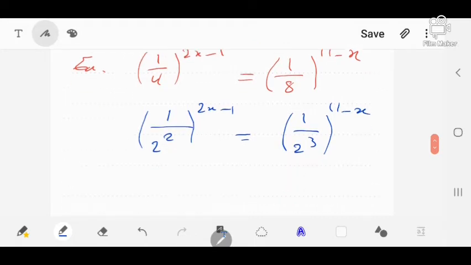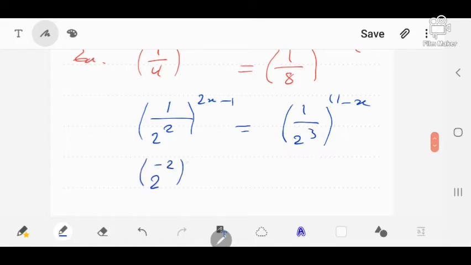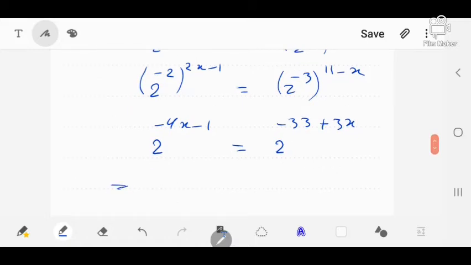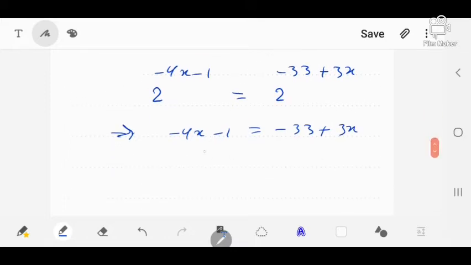Now take the 2 up, so this will be 2 to the power of negative 2 all to the power of 2x minus 1 equals 2 to the power of negative 3 all to the power of 11 minus x, which means 2 to the power of negative 4x minus 1 equals 2 to the power of negative 33 plus 3x. Now same bases, so exponents are the same. This means negative 4x minus 1 equals negative 33 plus 3x. Put them all on one side. 3x with 4x, so that's 7x equals negative 1 plus 33, that's 32. So x equals 32 over 7.